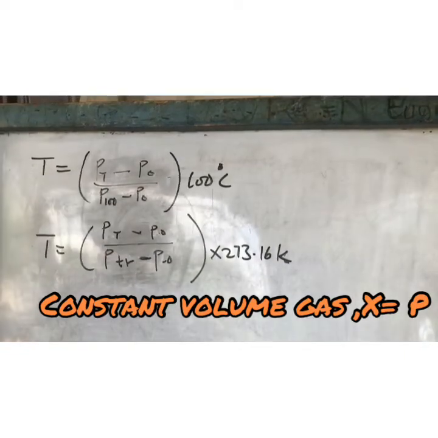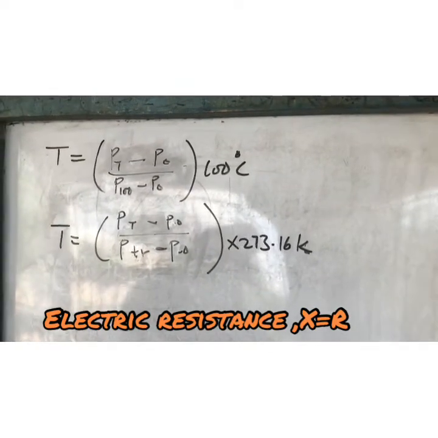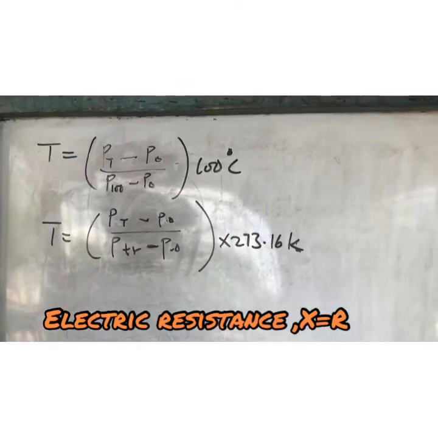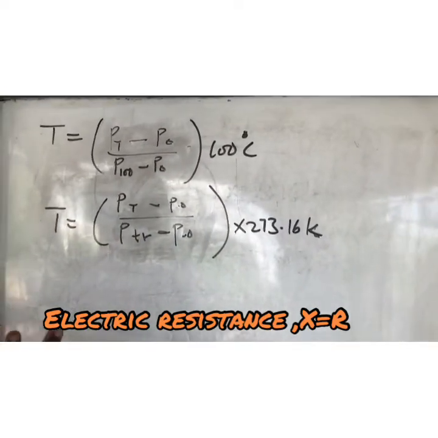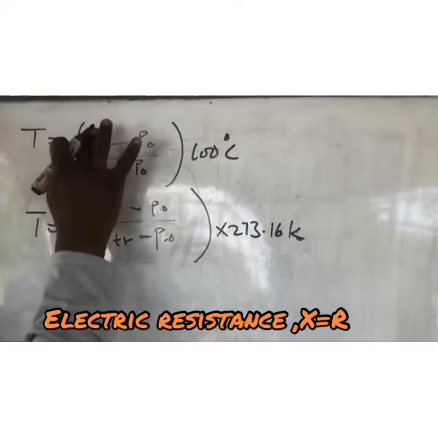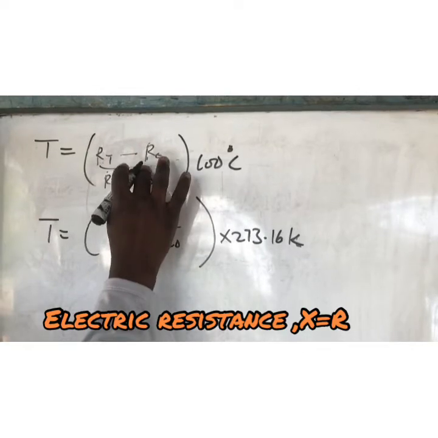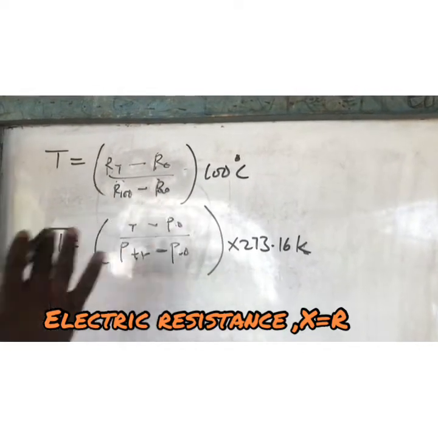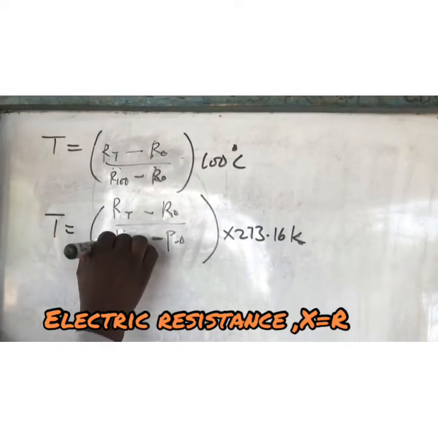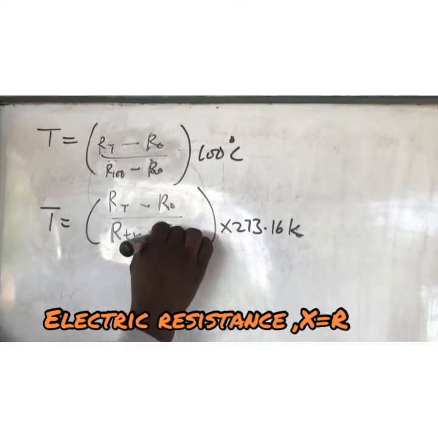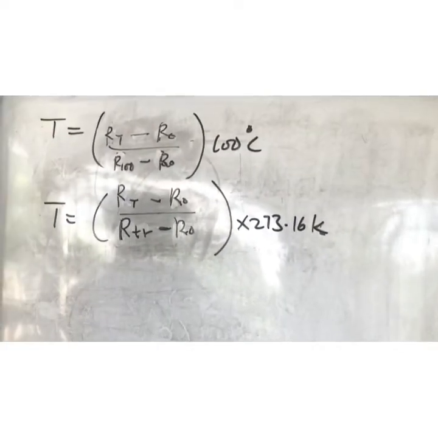Good. So let's move on to the electric resistance thermometer. This one measures temperature in terms of resistivity, so we're going to substitute P by R in all the formulas. Here will be R, R, R, and R at 0. The same thing on the Kelvin scale: R at temperature, R at 0, R at triple point, R at absolute 0. For the last one, we're going to look at the thermocouple thermometer.